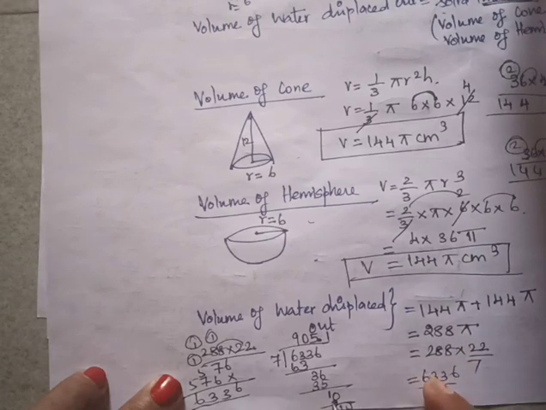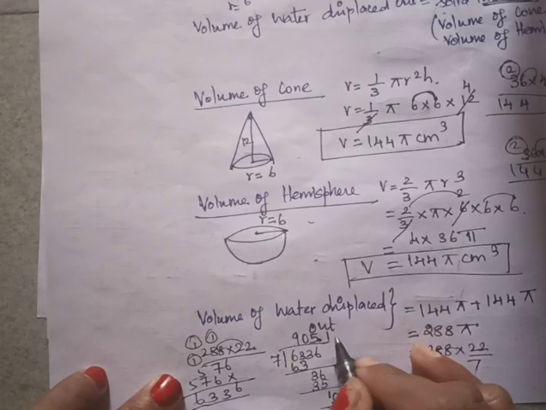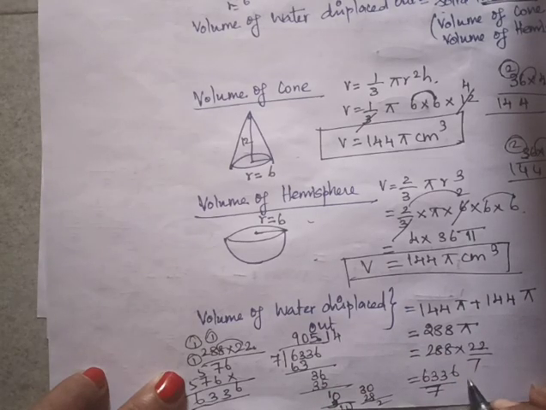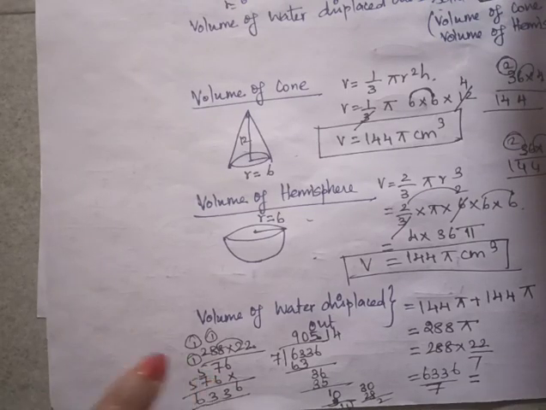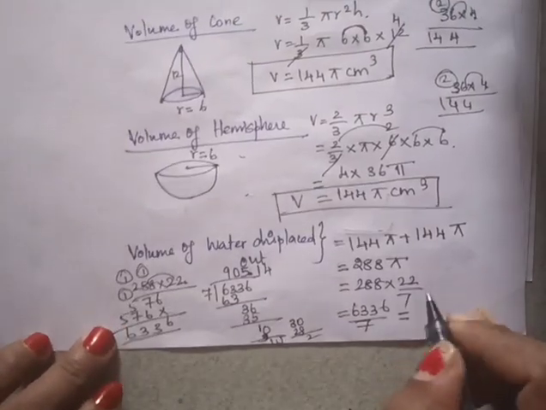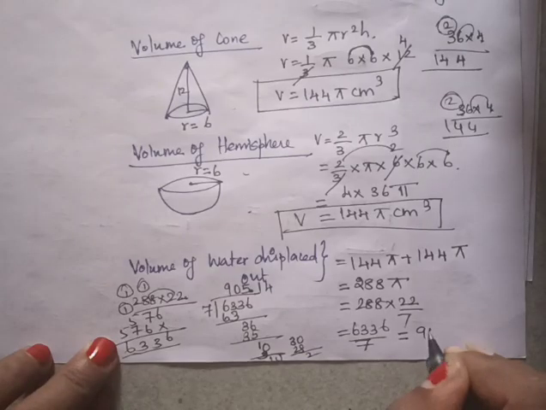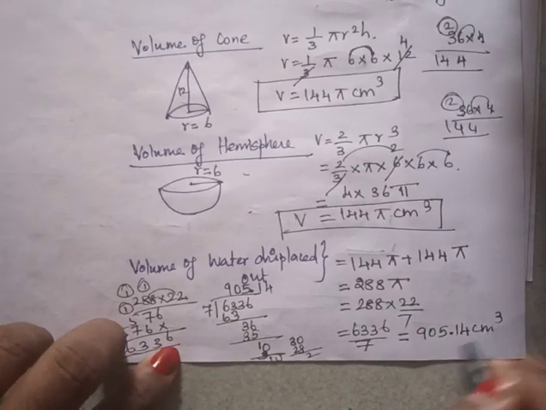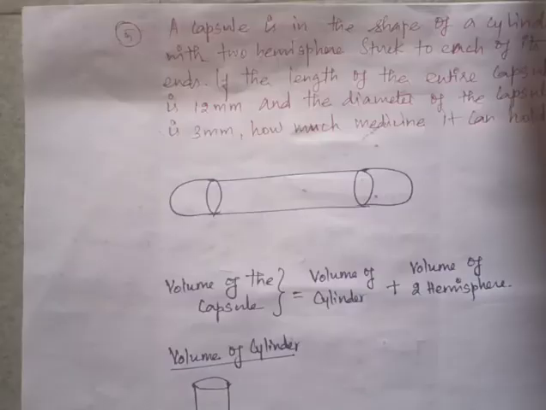So remaining 3. 4 7s are 28, remaining 2. Volume of water displaced is equal to 905.14 centimeter cube.